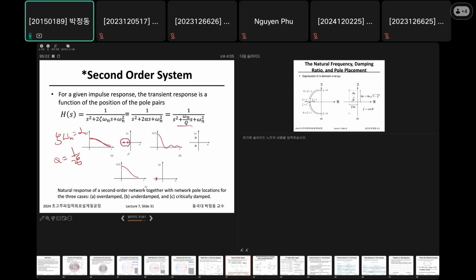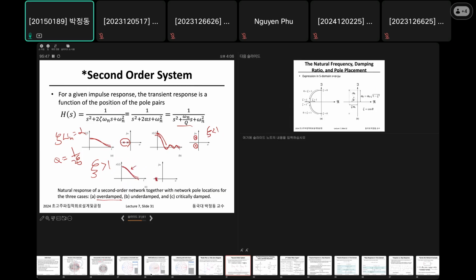Overdamped means the damping factor is larger than 1. For the second one, this has a pole pair like this, then it is underdamped. Since the damping factor is less than 1, it has an oscillation, something like this. If it has the same root, you just say it is critically damped.